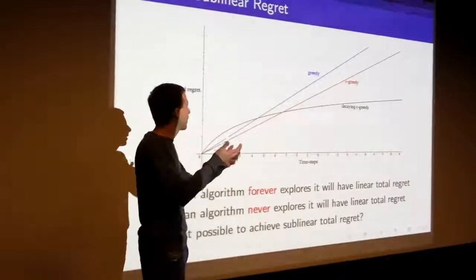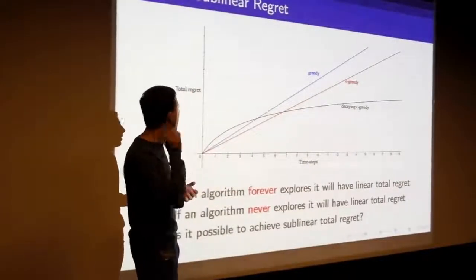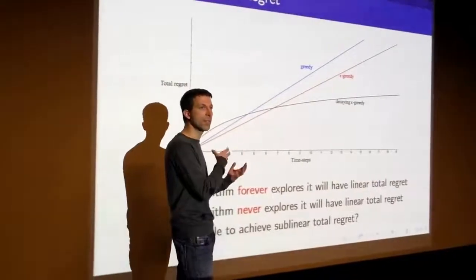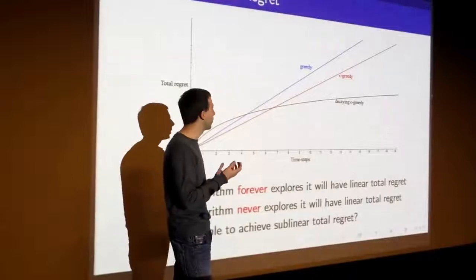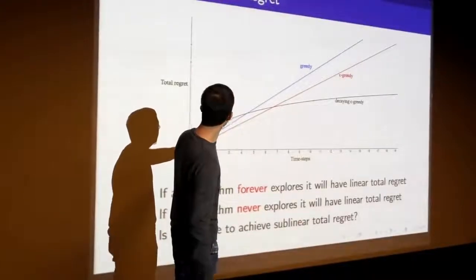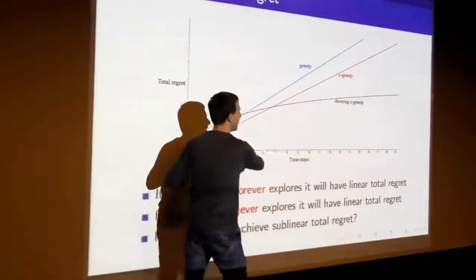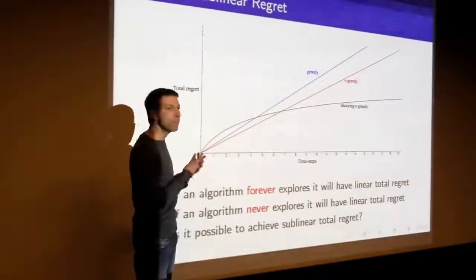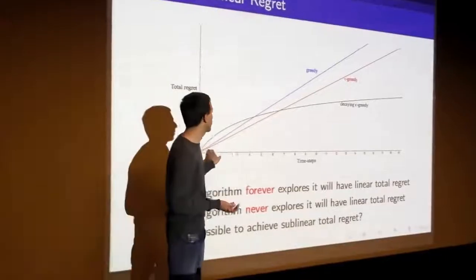So the real question here is what does this regret look like over time? And what we'll see is that for most naive algorithms, and we're going to consider a few naive algorithms before we start to consider better ones, if this is time over here, and this is the total regret that we've accumulated, what happens if we use one of our familiar algorithms like epsilon greedy?